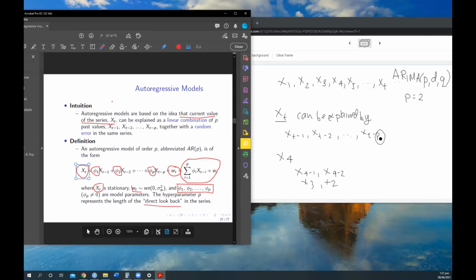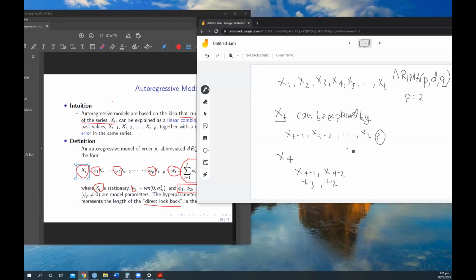So ito yung direct look back. Sinabi kasi siyang direct, it's because you're considering the latest P observations immediately preceding the value that you're trying to predict. So hindi pwede na si X5, gamitin mo si X1, tsaka si X2, kung ang P mo is 2.